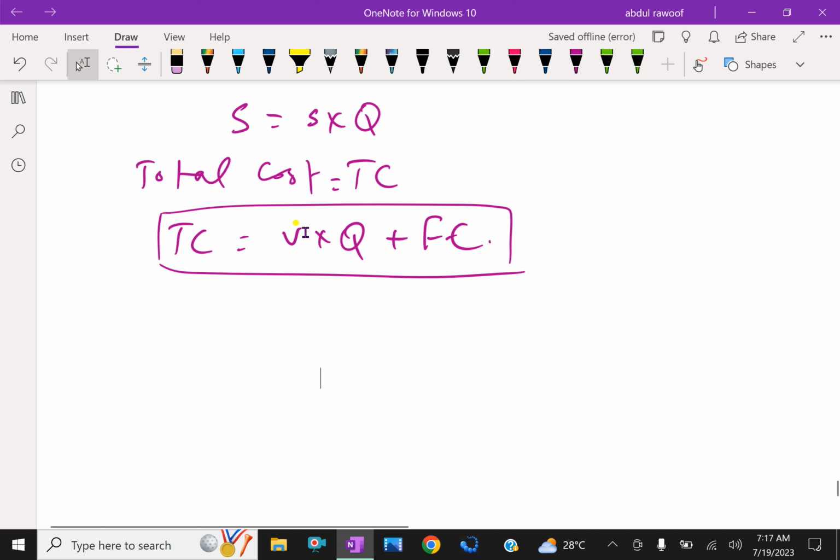At the intersection point, the total cost is equal to the total revenue. This point is called the no loss, no gain situation. For any production quantity which is less than the break-even quantity, the total cost is more than the total revenue. Hence, the firm will be making a loss.